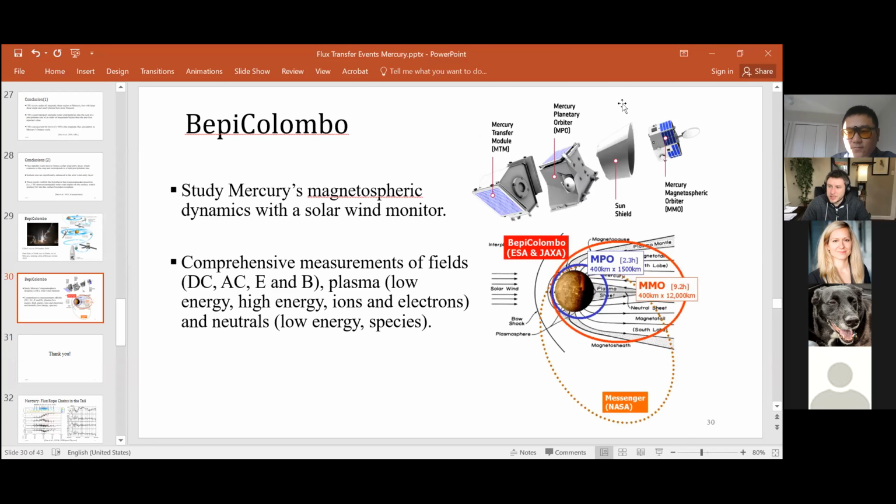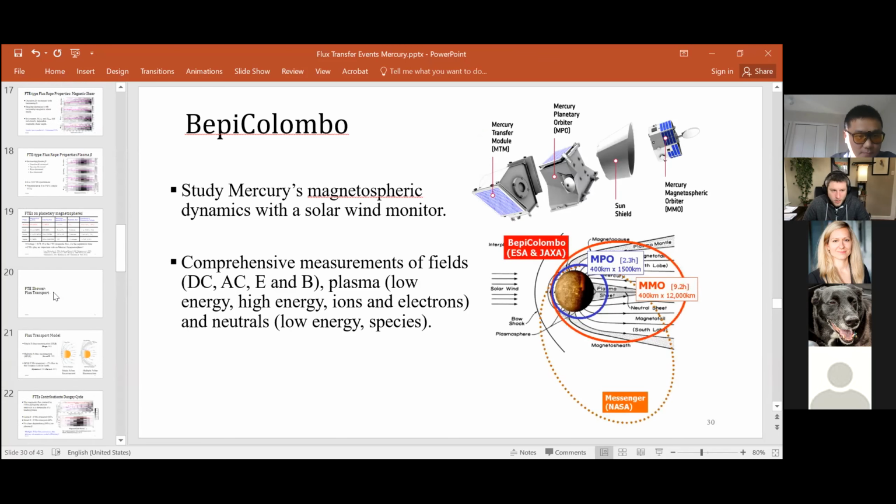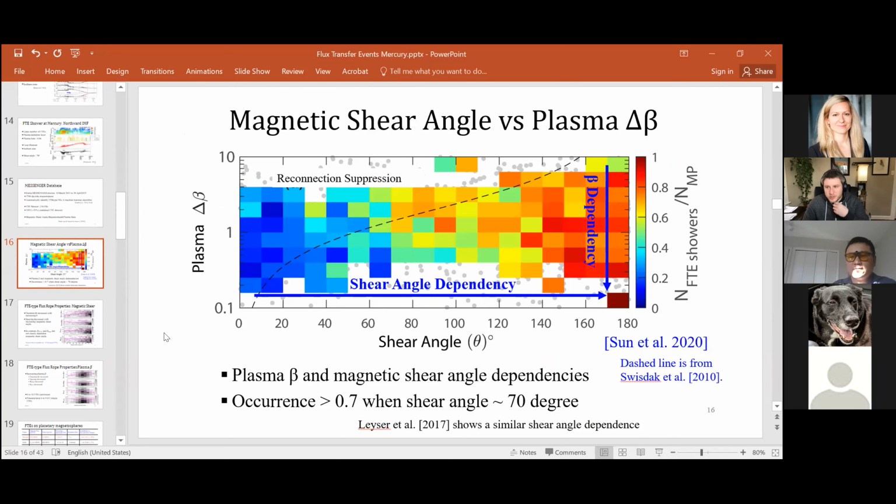Weijie, would you mind going back to your plot there? You showed your delta beta versus magnetic shear angle. Yeah, that's the plot. That's really interesting. It seems like just at a glance here, there's a stronger dependence.